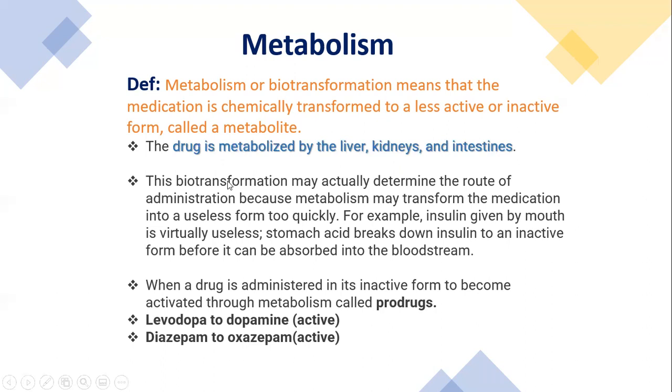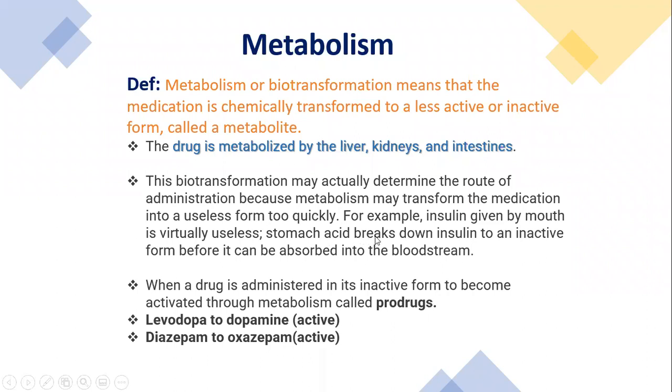This biotransformation may actually determine the route of administration, because metabolism may transform the medication into a useless form too quickly. For example, insulin given by mouth is virtually useless.